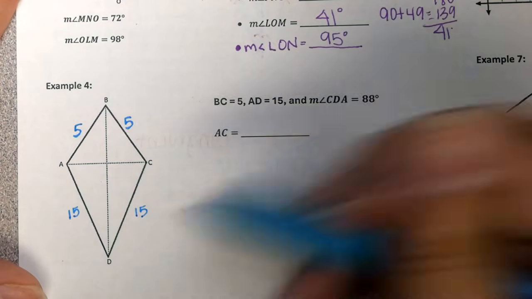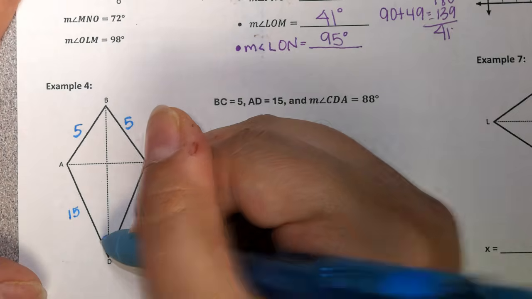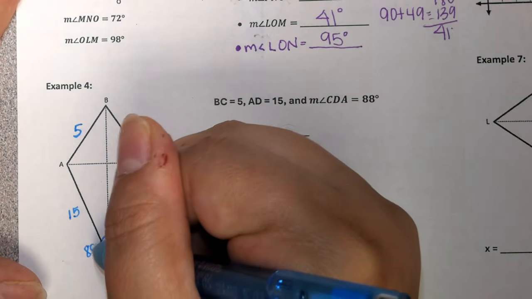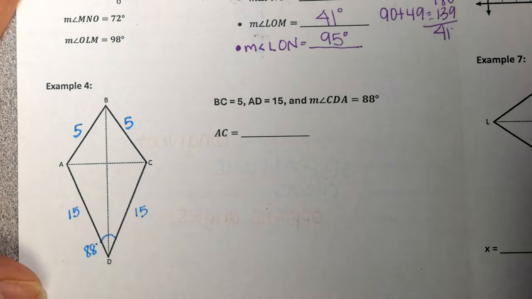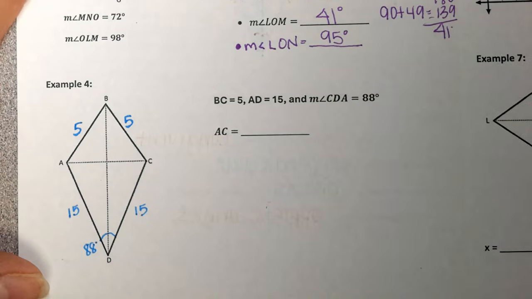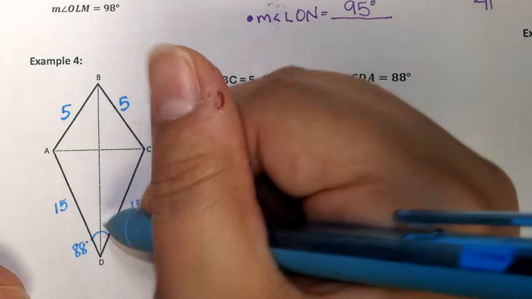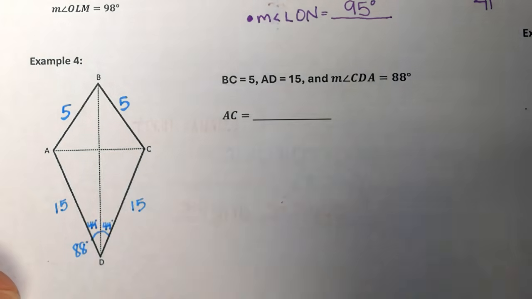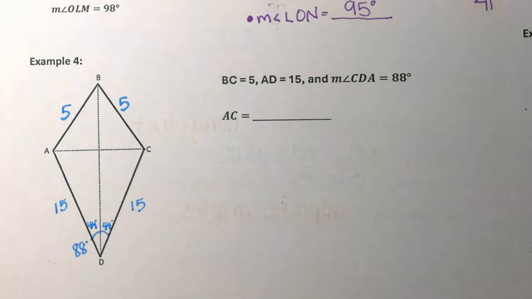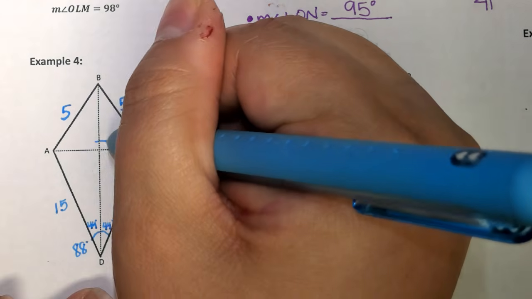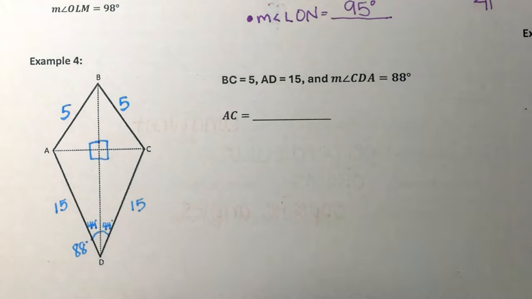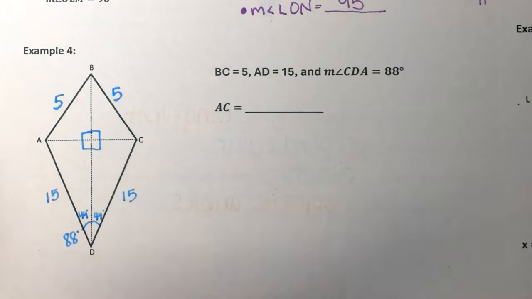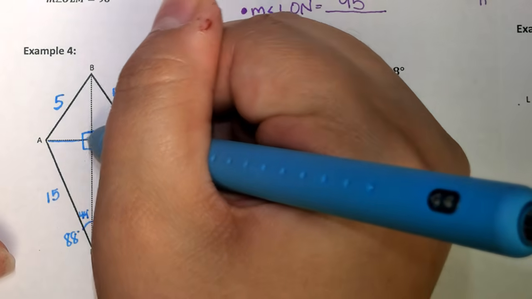And C to D to A, this whole thing, is 88 degrees. Which means what? They are each 44 degrees. What else do I know? The 90 degrees. And I want to know what is A to C.